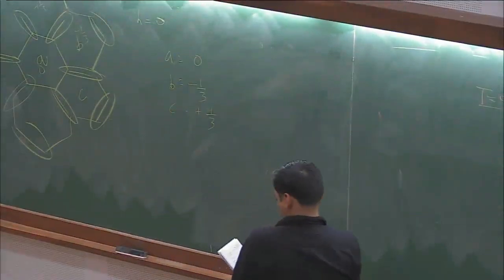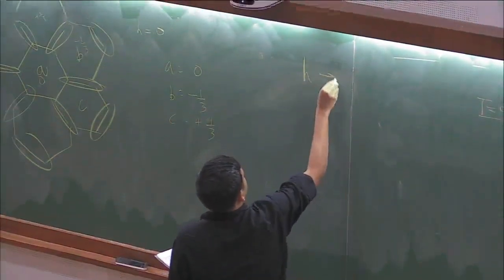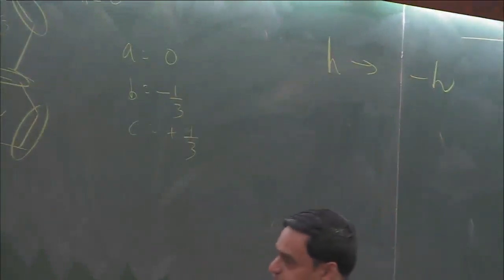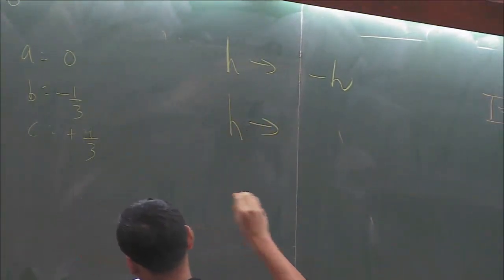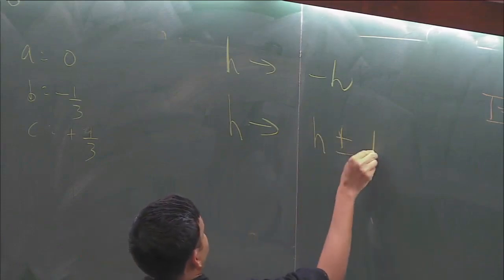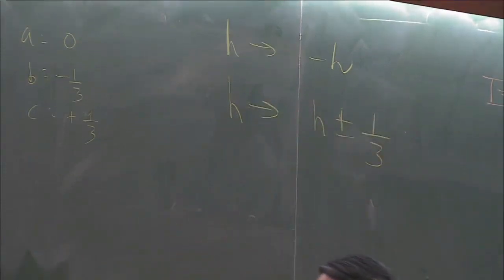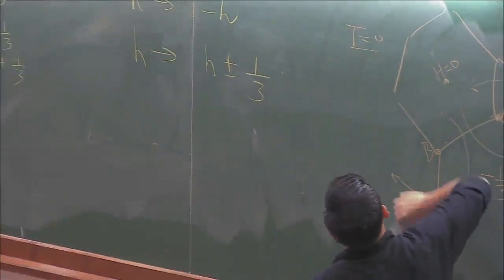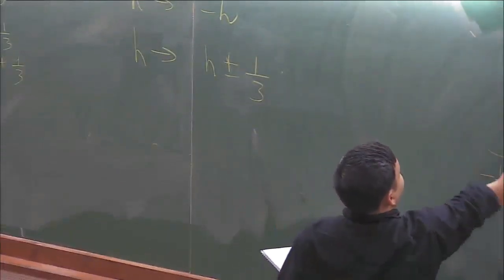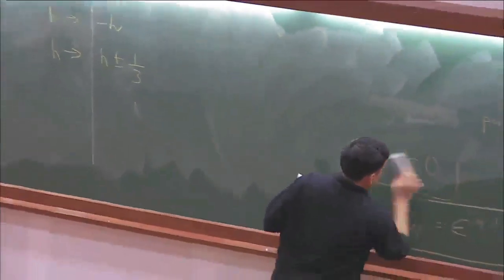You will see that rotations correspond to this, and elementary lattice translations correspond to that. Okay? So those are the symmetries that come from the underlying microscopics, the global symmetries of the triangular lattice.